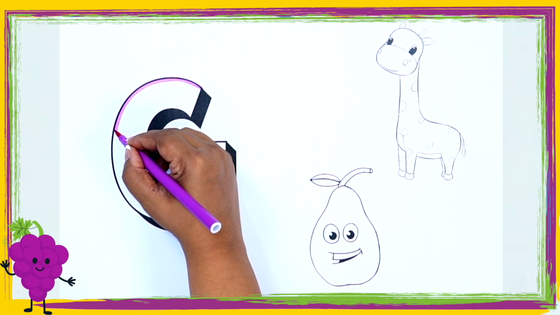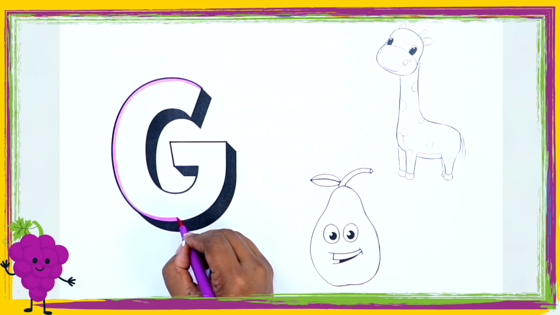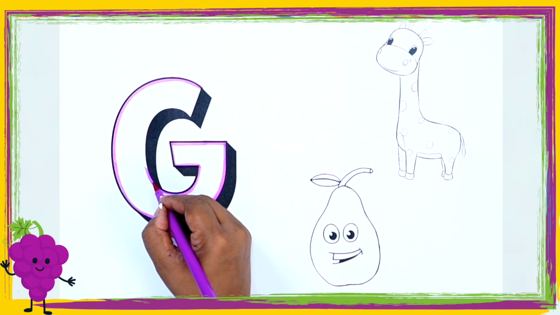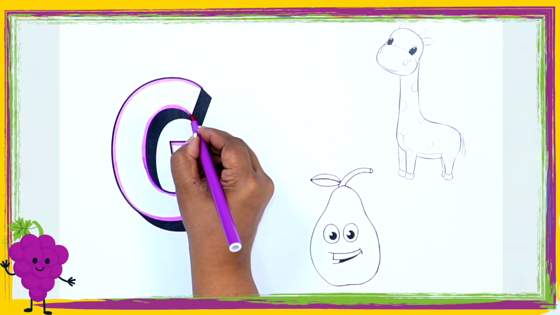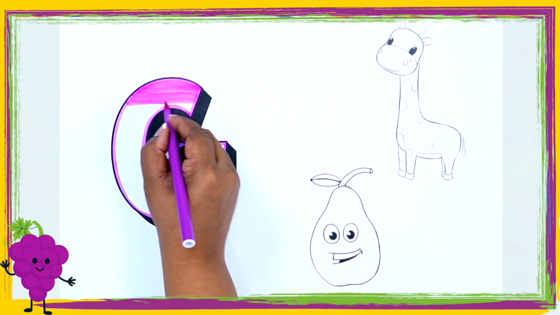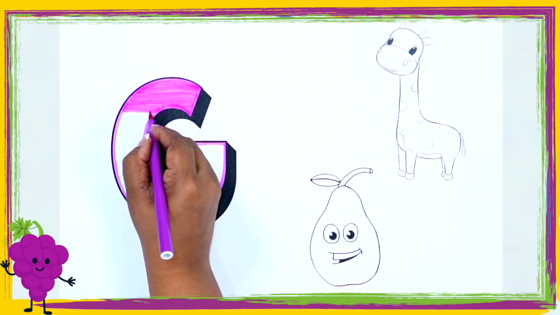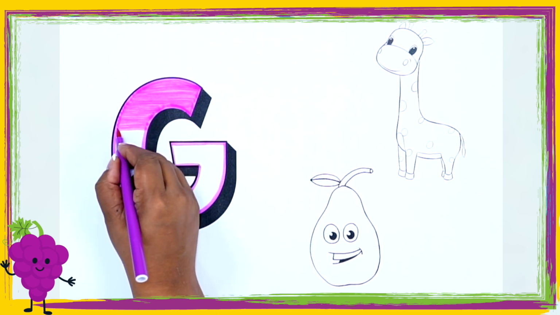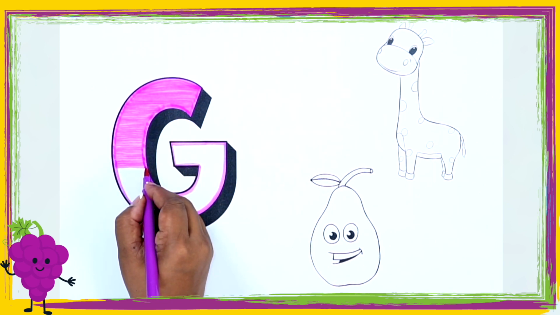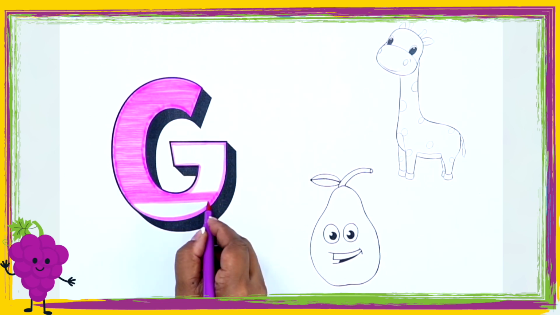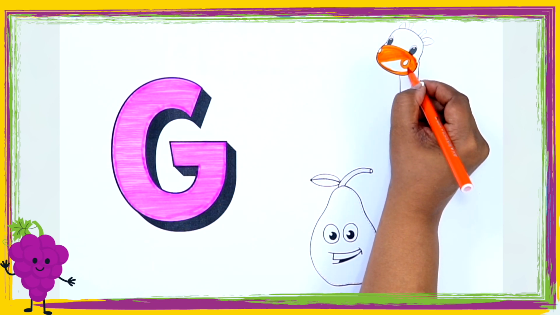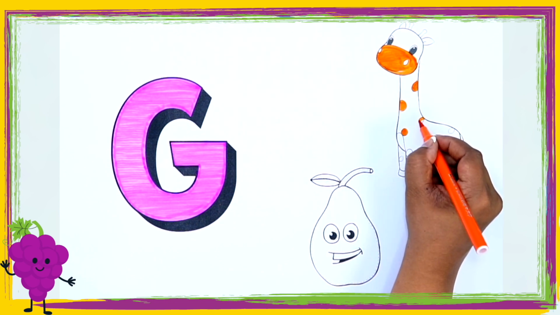Let's color the alphabet G and learn what comes from the alphabet G. G. This is a giraffe. G for giraffe.